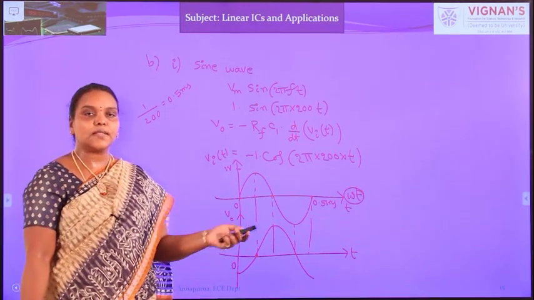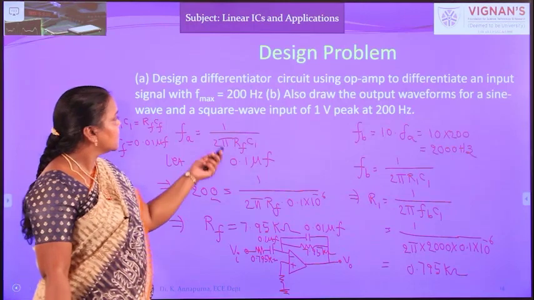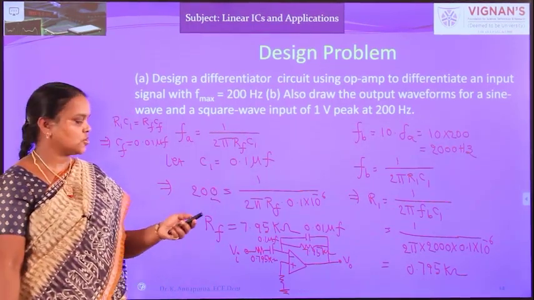Is it clear? The next one is which input? The square wave input. So, for square wave input, what is the output?